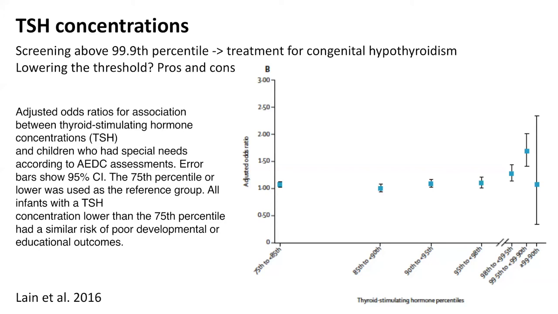So here is an Australian study where they looked at the screening of children for TSH, and the current boundary for that screen for children to receive treatment is the 99.9 percentile. So children who screen above that receive treatment, and their odds ratio for being vulnerable in kindergarten is the same as for children who have very low risk for congenital hyperthyroidism.